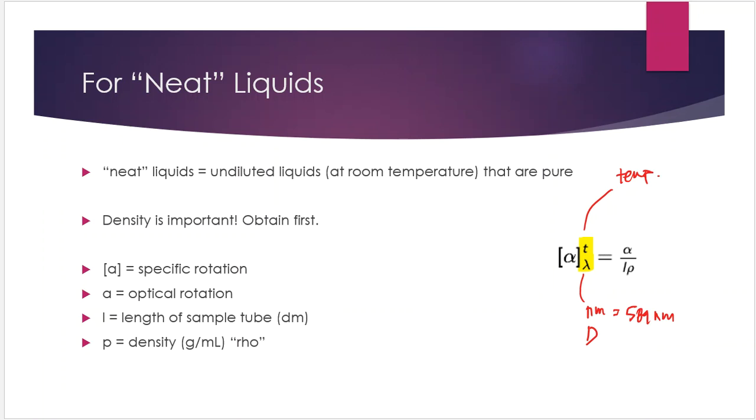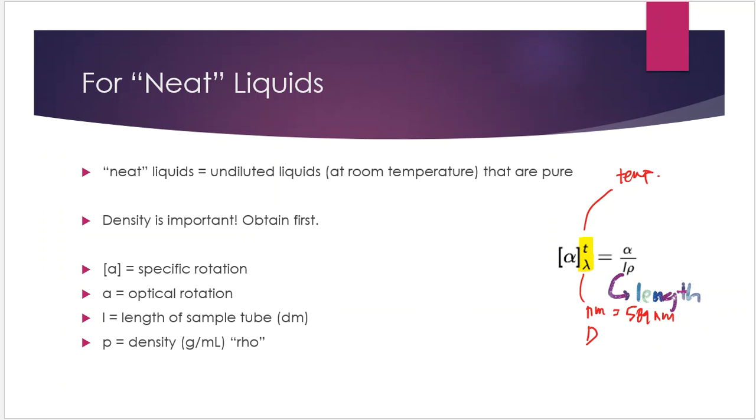So I think one of the easiest ones to pick out now is in this equation, there's an L that is here. And that L is the length of the sample tube that you have used in the laboratory. These tubes can come in different lengths. They can be really long and they can be really short.